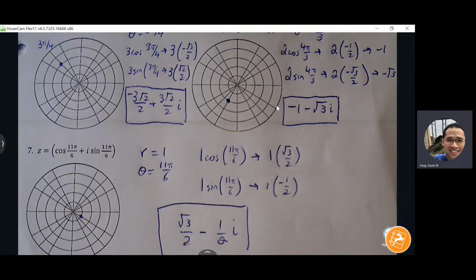Can you say the inverse tangent? Is it inverse tangent? Cotangent?